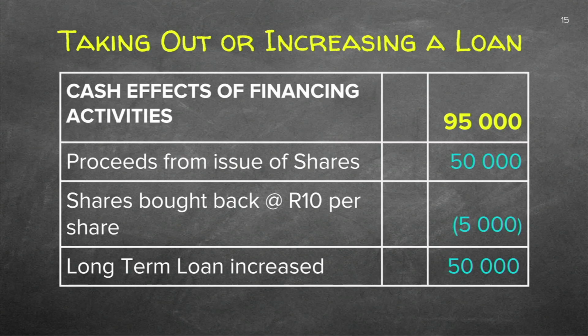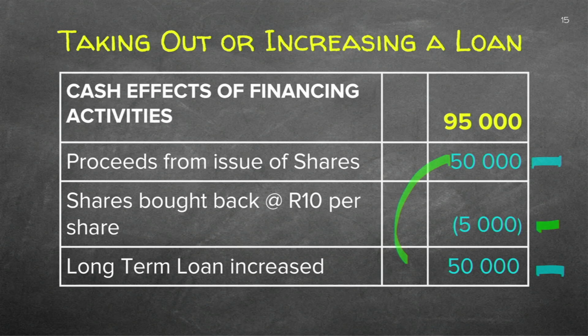And so in the next slide, I have done that for you. All right, so you can see here that when we sold the shares, 50,000 flowed in. When we took out a loan or increased our existing loan, another 50,000 flowed into the business. However, the shares we bought back was 5,000.